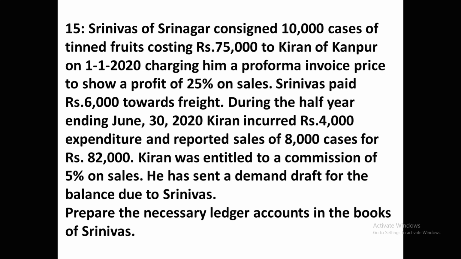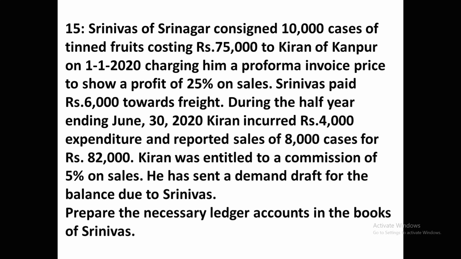During the half year ending 30 June 2020, Kiran incurred 4,000 rupees expenditure and reported sales of 8,000 cases for 82,000 rupees. Kiran was entitled to a commission of 5% on sales. He has sent a demand draft for the balance due to Srinivas. Prepare the necessary ledger accounts in the books of Srinivas.